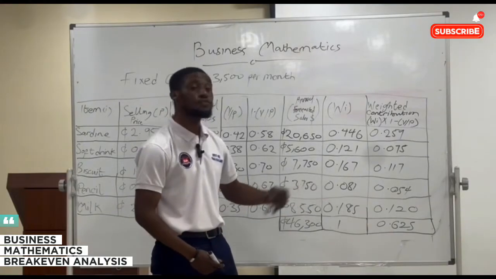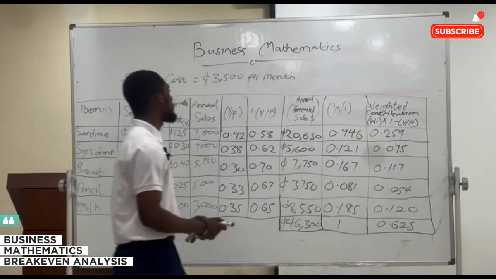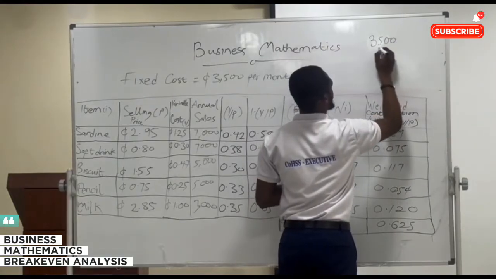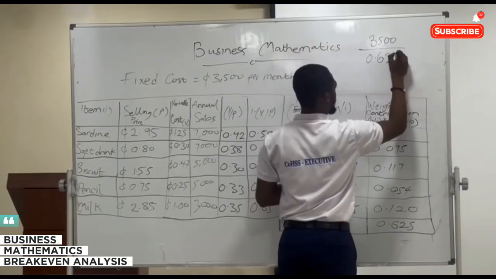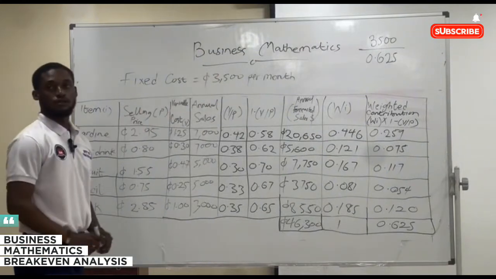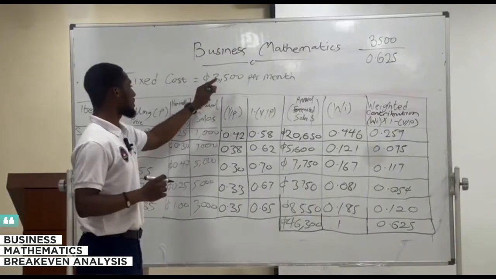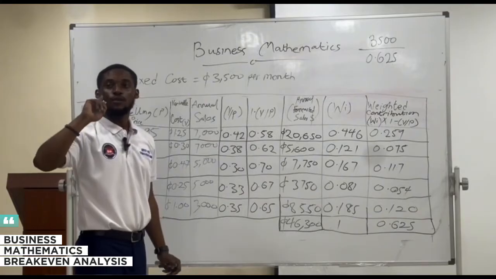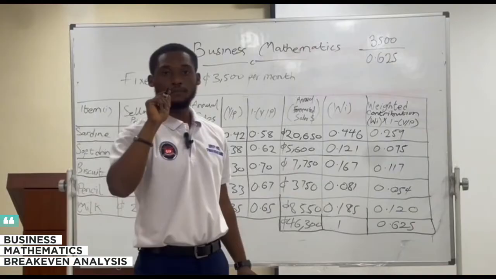That was all what we were calculating for, and the fixed cost has been given to be 3,500. Now you don't go ahead to punch this into your calculator. As the question stated, the fixed cost is 3,500 per month, and it being per month, we know that we have 12 months in a year.